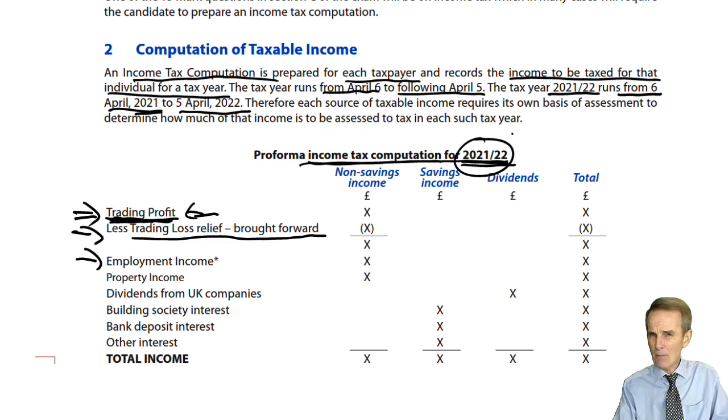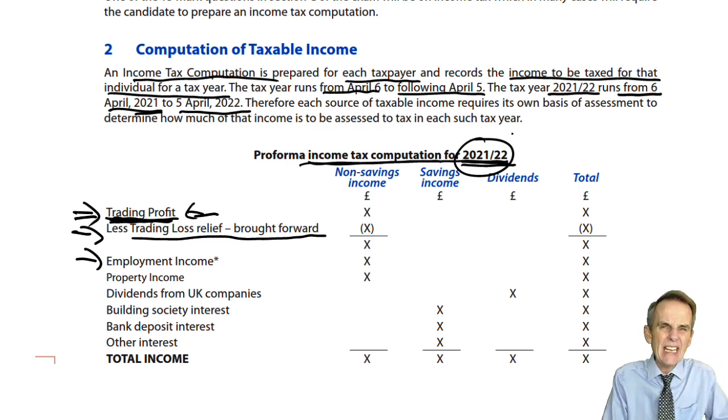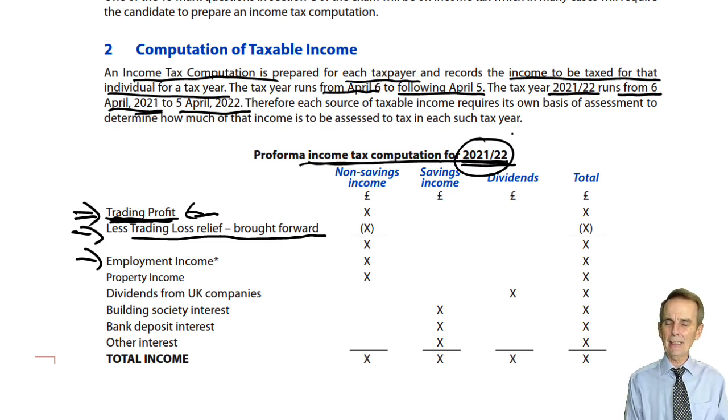Learning what are at least the main types of exempt income, and then, although I know it's the salary received in the tax year that will go to this income tax computation, what about these benefits? What other benefits could have been provided? Well, of course, there's the classic and most frequently tested one. That is that the individual employee is provided with a car by the business for which they work.